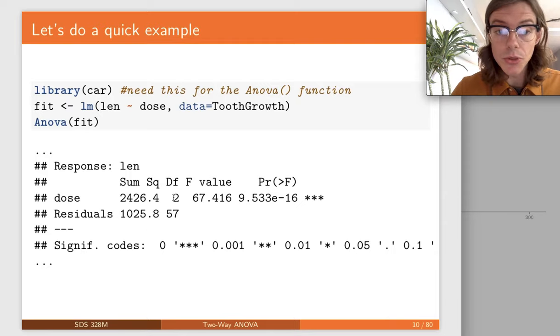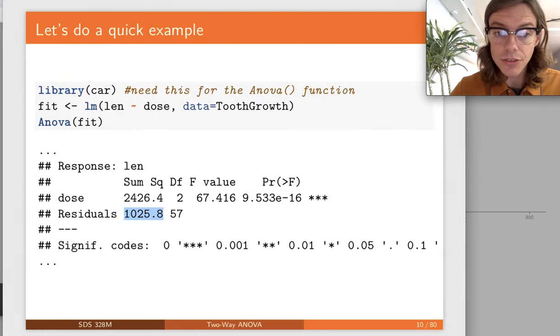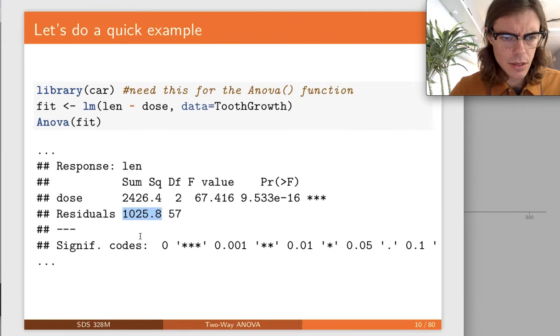Cool. Degrees of freedom, k minus 1, right? So 3 minus 1 is 2. There's 60 guinea pigs, so 60 minus 3 is 57. If you divide this sum of squares by its degrees of freedom, that gives you your mean square between groups. If you divide your within group sum of squares by its degrees of freedom, it gives you your mean square within groups, or mean square error.